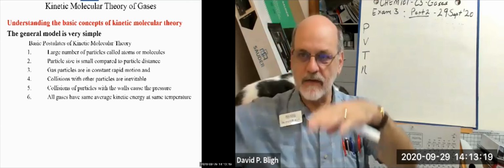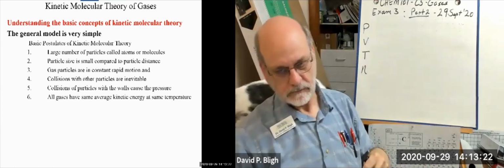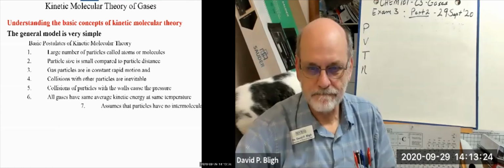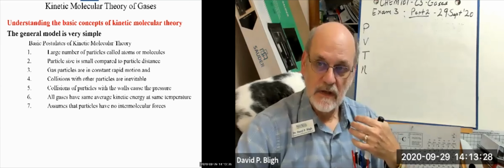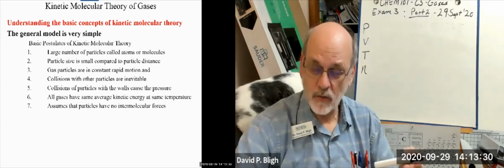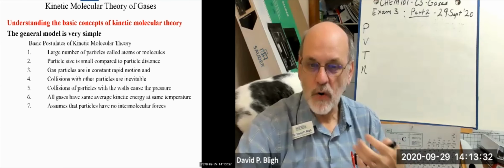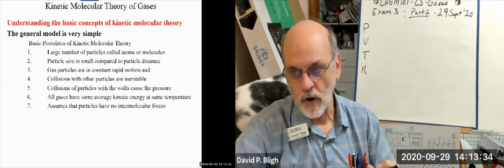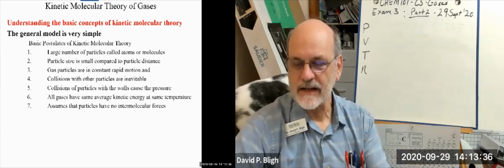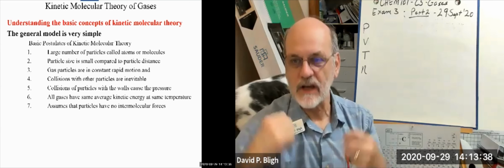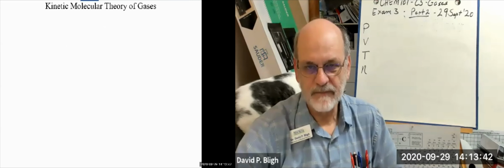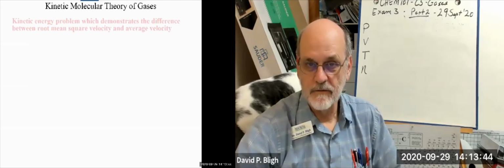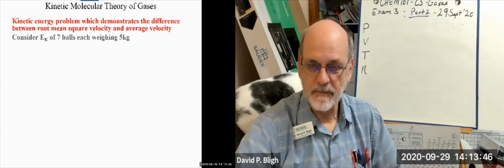Right, so they go together. And we have to assume that when they do encounter one another, there are no intermolecular forces at work. That is, nothing attracting or repelling them other than the collision itself. Okay, those are the postulates for the kinetic molecular theory.